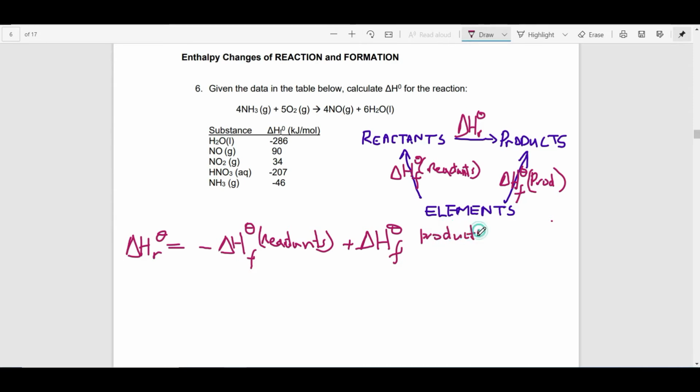Now we are going to apply this principle to calculating the enthalpy change of reaction for a specific example.